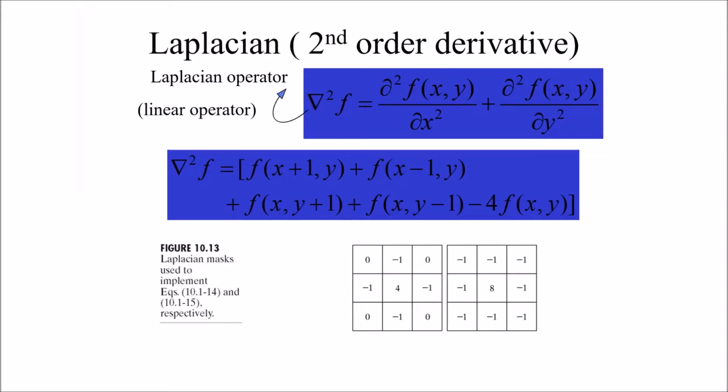For the second order derivative operator, you apply the derivative function in the x and y direction twice. This is the continuous function, and then the representation of the continuous function in digital notation. It is the same as the first order derivative, in which for image processing we apply a kernel.